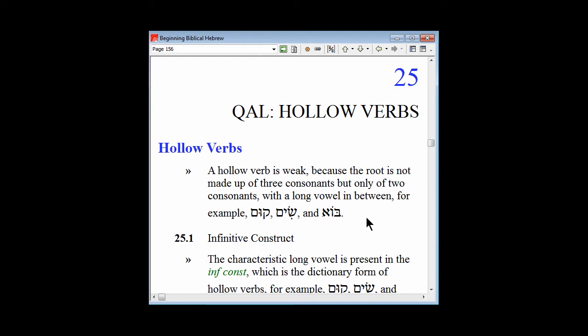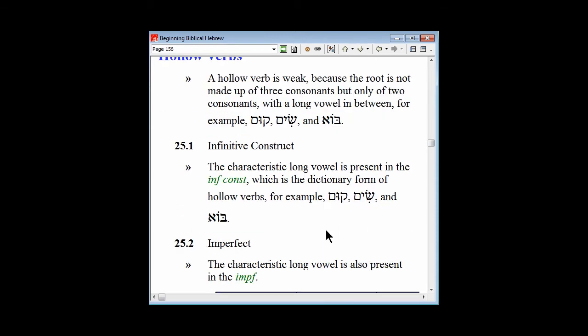Now, one thing that you will have to think about is here in section 1, infinitive construct. The characteristic long vowel is present in the infinitive construct. Now here's the tricky part, which is the dictionary form of the hollow verbs. For instance, qum, sim, and bo. That's the lemma. You're used to looking at this as the dictionary form, but for hollow verbs, that is actually the infinitive construct.